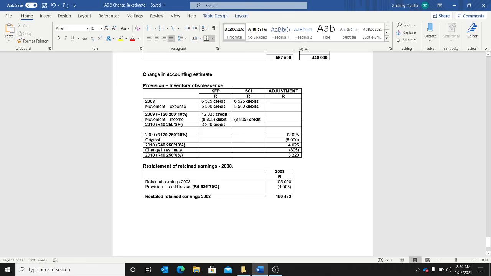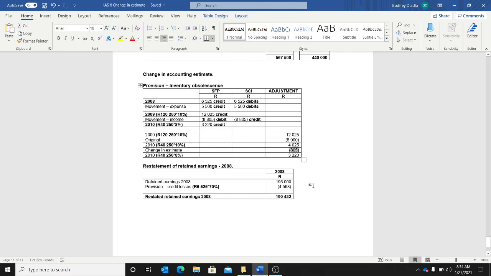By end of that, if we are using 10%, you would have 4,025. Then the difference between this one, which is stated at 8%, and this one at 10%: 4,025 minus 3,220. You see, it gives you the difference, the 805 that is due to a change in estimate. This is the 2% change in estimate.